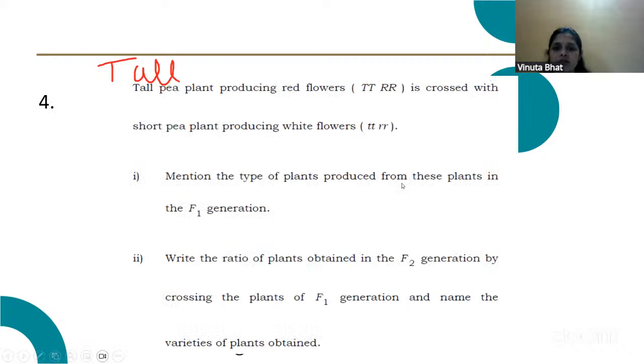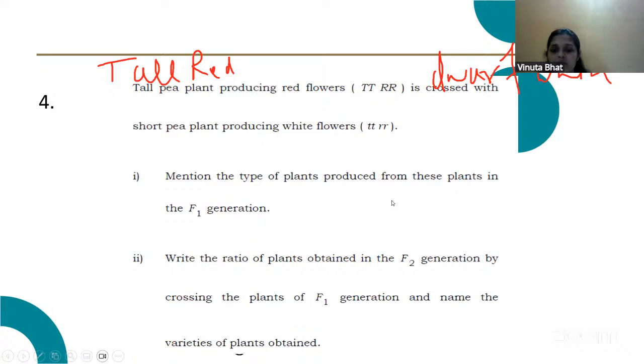Parental generation: a tall pea plant producing red flowers, tall and red.